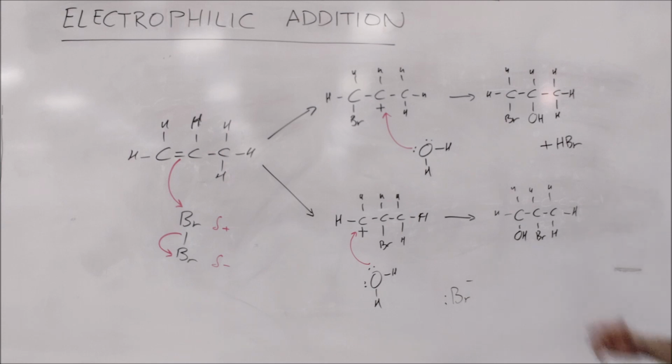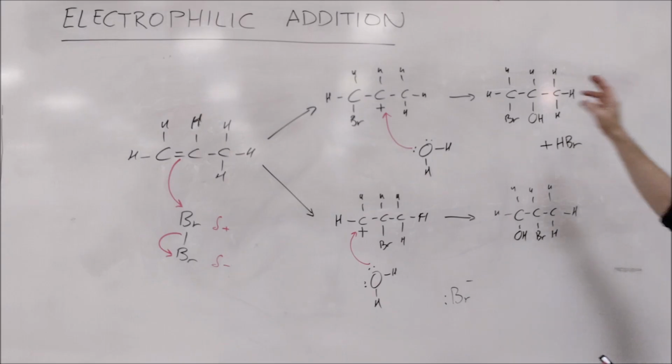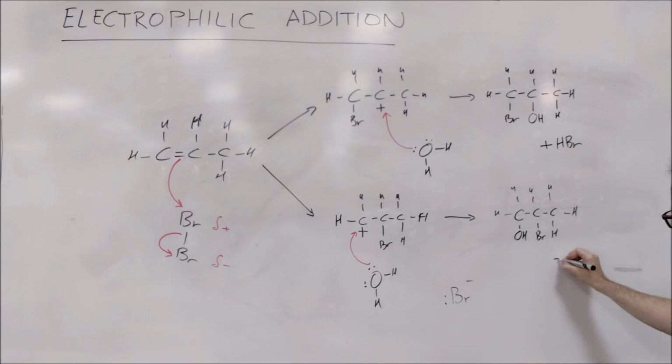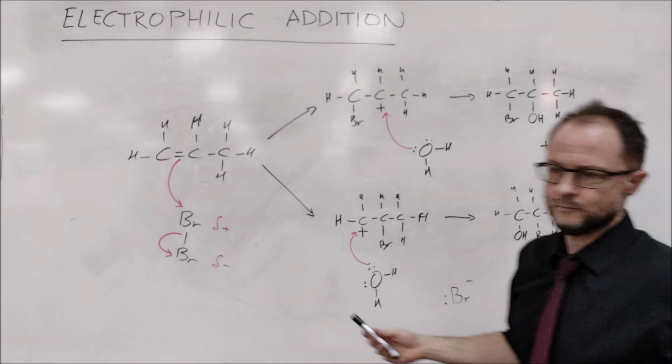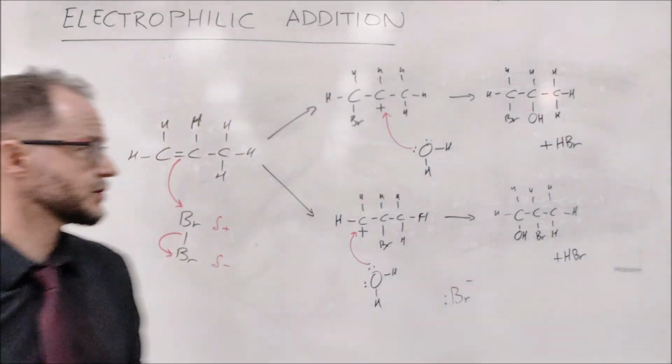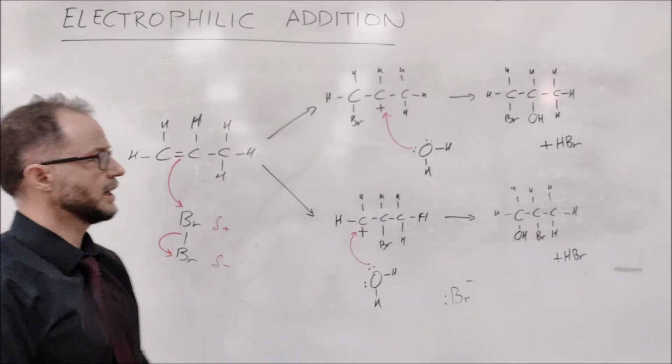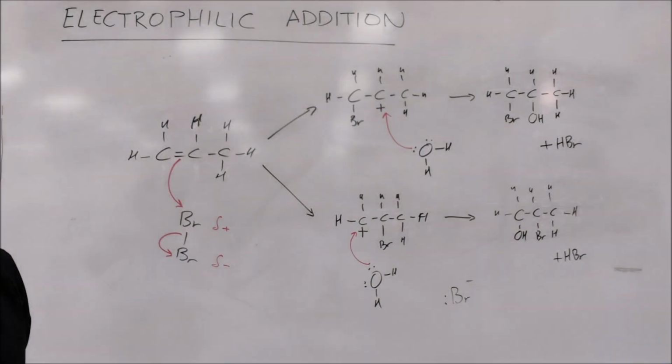Then the products are, like I say, slightly different. This one here would be 1-bromopropan-2-ol, and here we have 2-bromopropan-1-ol with the hydrogen bromide byproduct. We still consider them addition reactions, but obviously in this case we have a byproduct of hydrogen bromide.